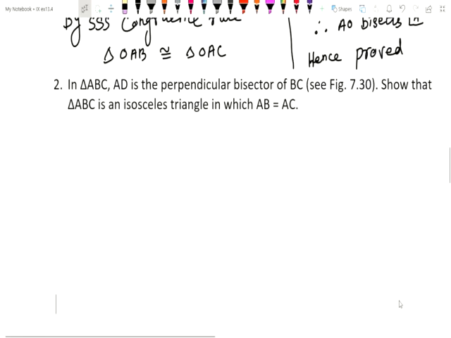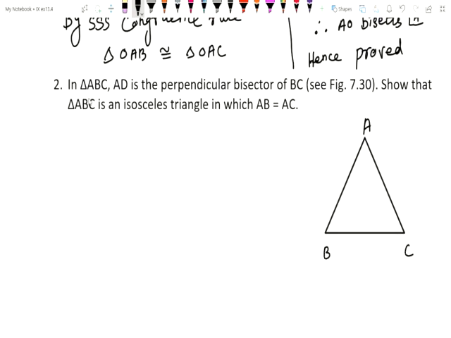The second one. In triangle ABC, just you take the triangle. What is the naming? A, B, C. AD is the perpendicular bisector of BC.